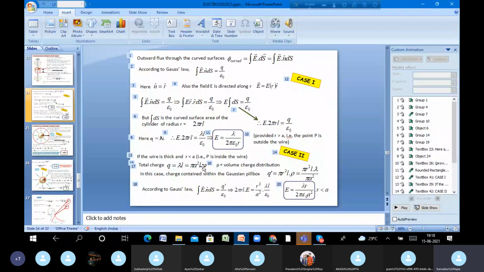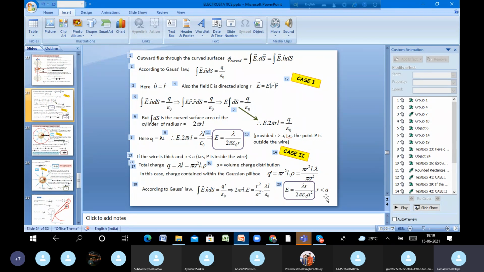Pi a square L is the volume of that cylinder of length L, because a is the radius of the wire. Now the wire is thick, so in this case the new charge enclosed within the Gaussian pillbox is q prime, which is equal to pi r square L into rho. And in place of rho, you write lambda by pi a square. Now you apply Gauss's law, and this is the new expression. This is when r is less than a.